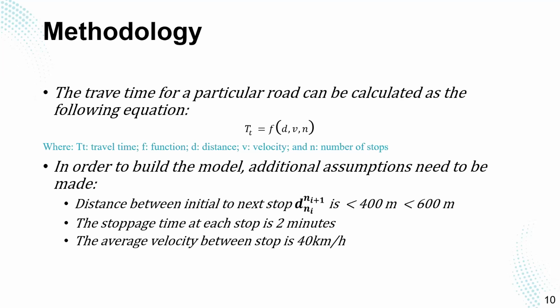The first is that the distance between the initial stop and the next stop is between 400 and 600 meters, the stoppage time at each stop is set to 2 minutes, and the average velocity of the bus from one stop to another is 40 kilometers per hour.